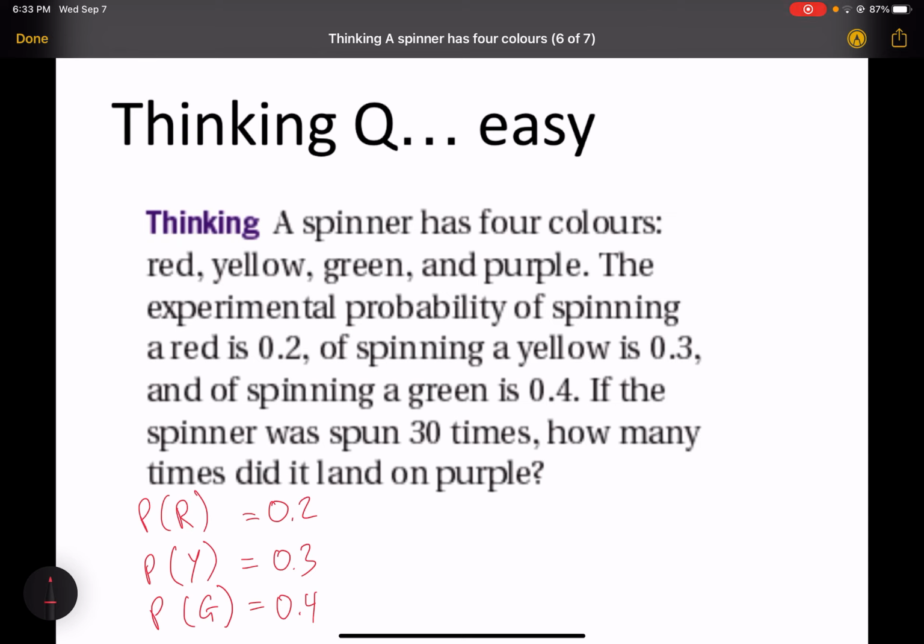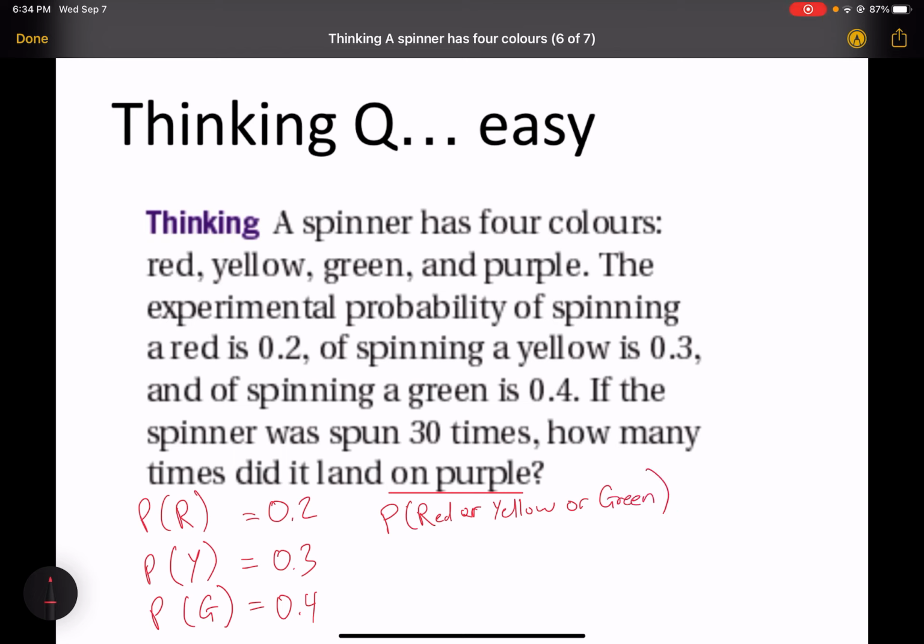The probability of landing on red, or yellow, or green, is equal to 0.2 plus 0.3 plus 0.4, which is equal to 20 plus 30 plus 40, which is equal to 0.9.